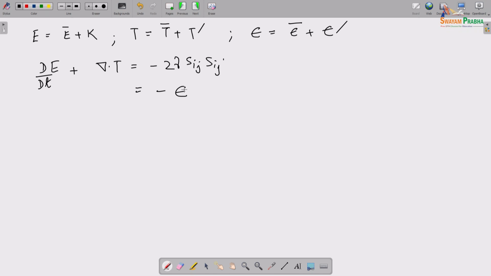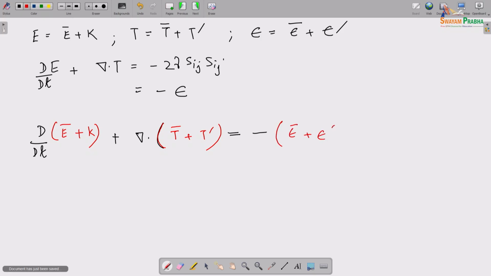Let us just replace all of these by writing each as a mean and a fluctuating part, and this is equal to a mean and a fluctuating part.